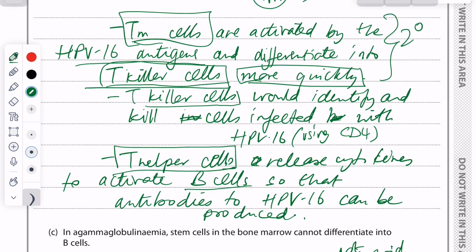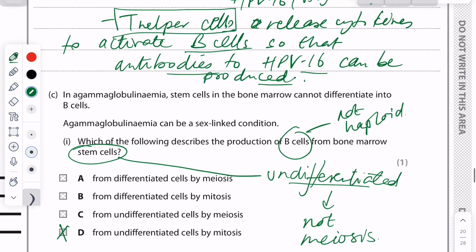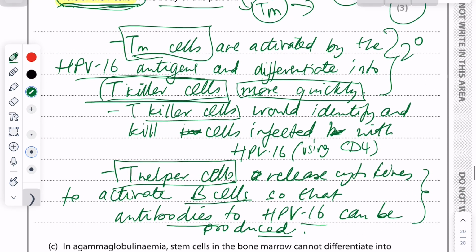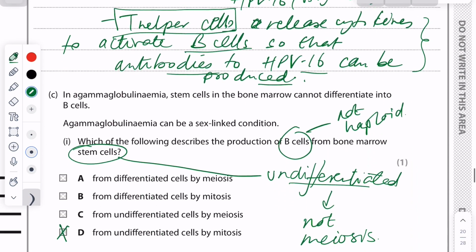So part of the secondary immune response would be you'd need T helper cells to activate the B cells that will make the antibodies to HPV-16 can be produced. Okay, I'm pretty happy with that. I think I've got 3 things down there. And I've tried to explain what the cells do to address the command word, in this case, explain.